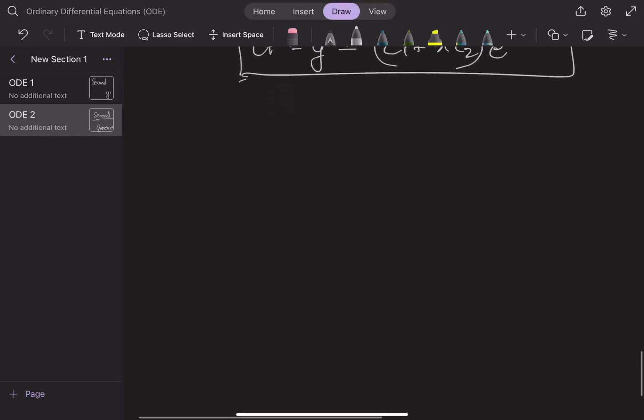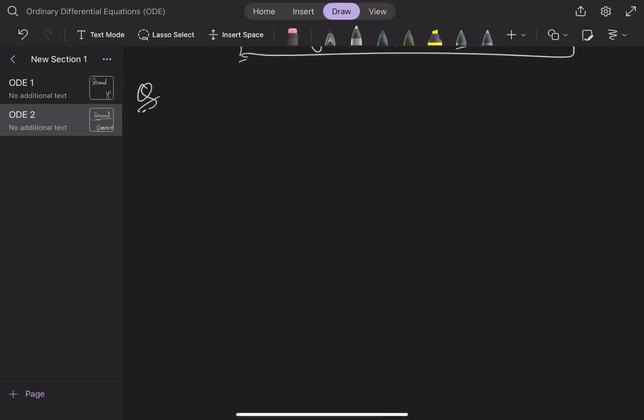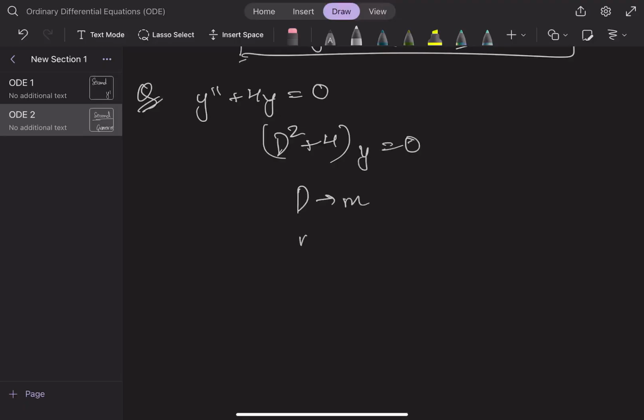Now let's go with the third example. Y double dash plus 4y is equal to 0. D square plus 4, multiplied by y, is equal to 0. Replace D with m. m square plus 4 is equal to 0. So what do you get? m1 is equal to 2i and m2 is equal to minus 2i.